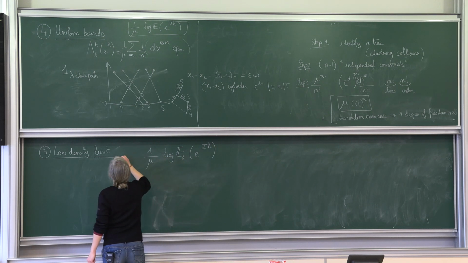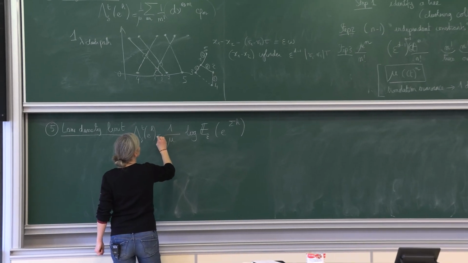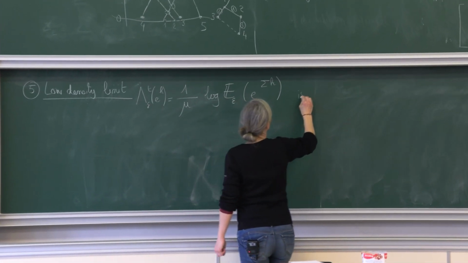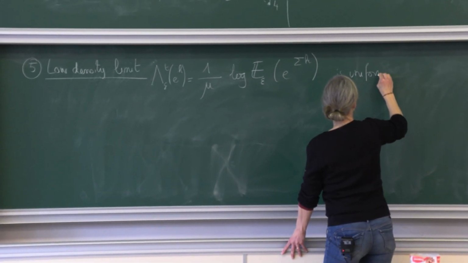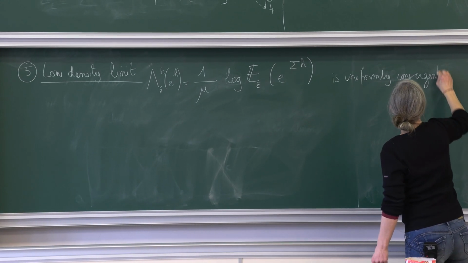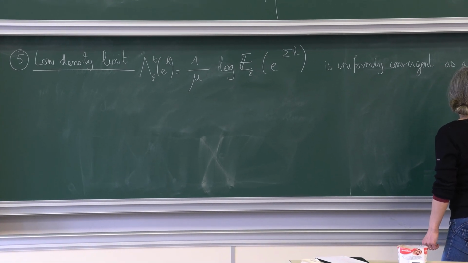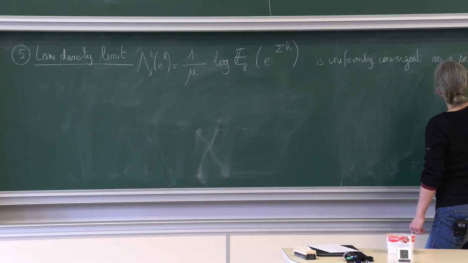Okay, so this is lambda epsilon t exponential h. So this guy is uniformly convergent as a series in h.